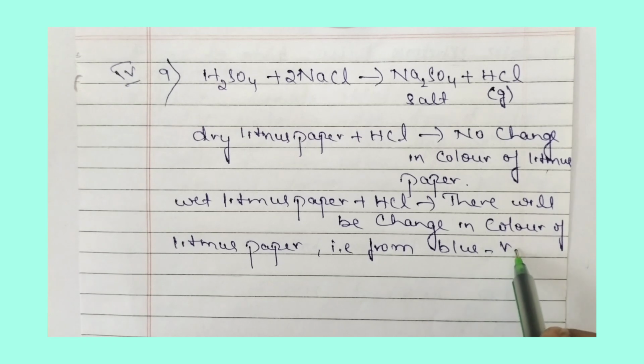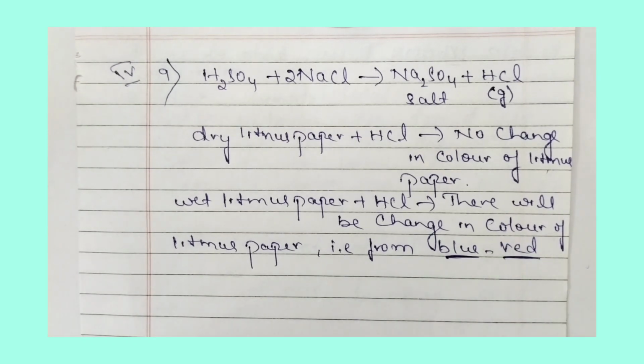The litmus paper changes its color. Blue litmus paper changes its color to red.